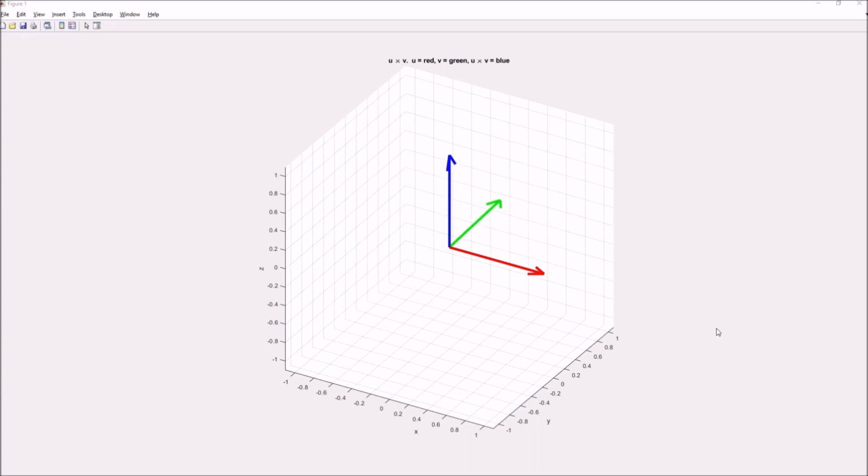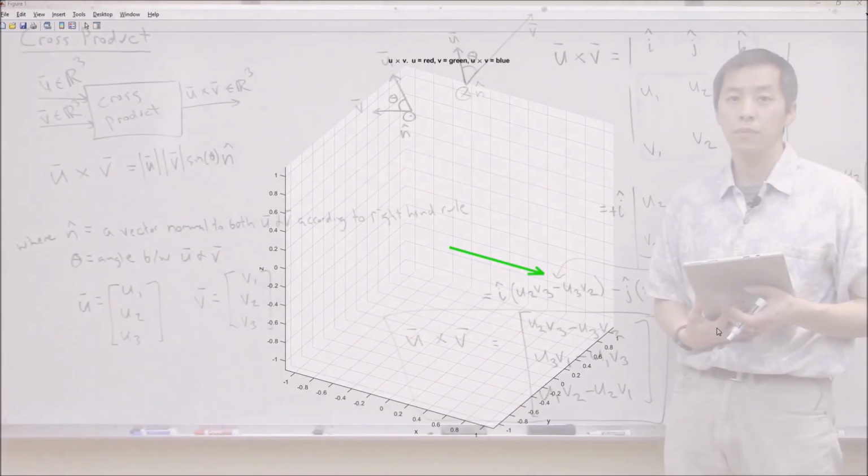But when they're perpendicular to each other, like there, the cross product is maximal. And again, the direction of the cross product is normal to both of those vectors and in the direction of the right-hand rule. So this is just a quick animation to show how the cross product changes as U and V change.